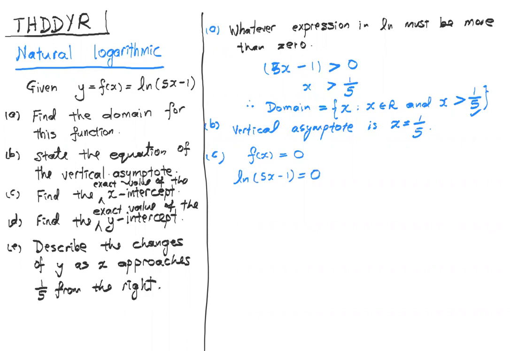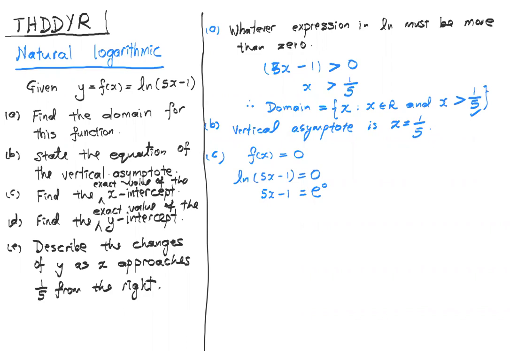To find the possible value of x in the ln, you have to convert it to exponential. So whatever is in the ln is equal to e to the power of 0. This is a formula all of us have to remember. If the left-hand side is one ln term and the right-hand side is a number, then we can convert it to exponential.